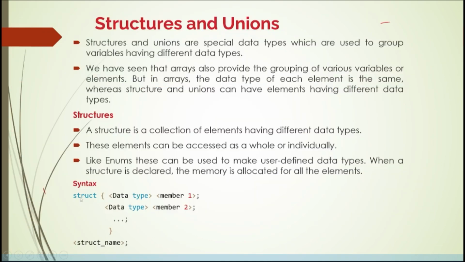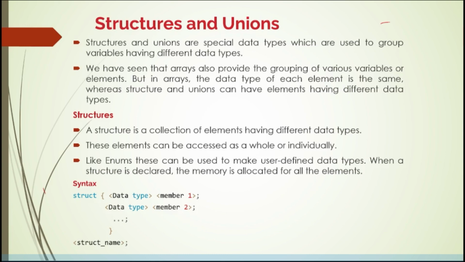Similarly, a struct is a group which can hold different data types. That is the main thing to remember: just like an array has different elements of a single data type, a structure is a single group with different data types.